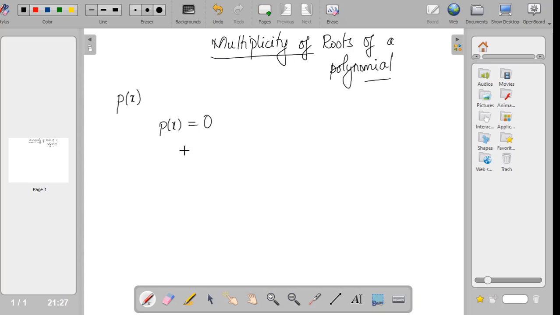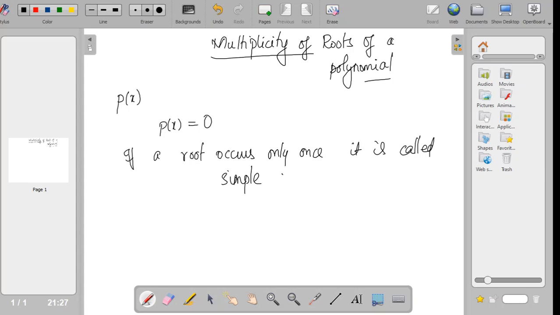Now if a root occurs only once, that is called a simple root of the given polynomial. If it is not a simple root, it will have a multiplicity which is greater than 1.